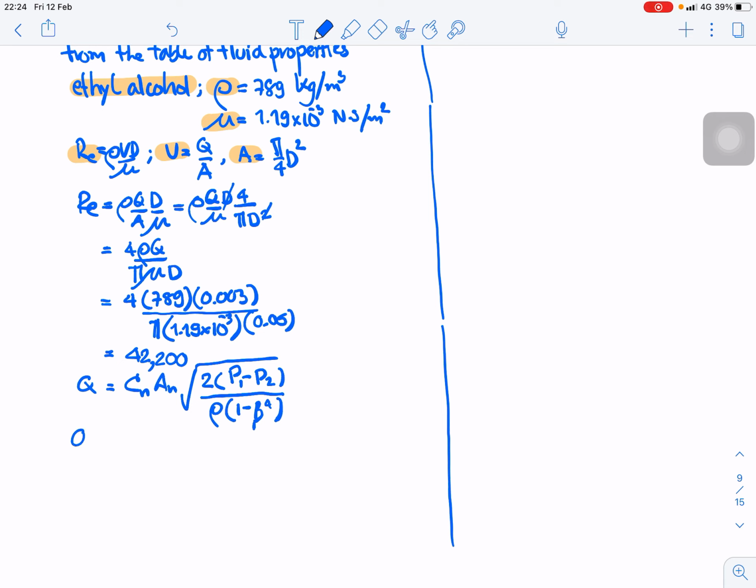And we substitute Q is equal to 0.003, and Cn is unknown, and the diameter is d squared, for the pressure difference of 4 kilopascal.